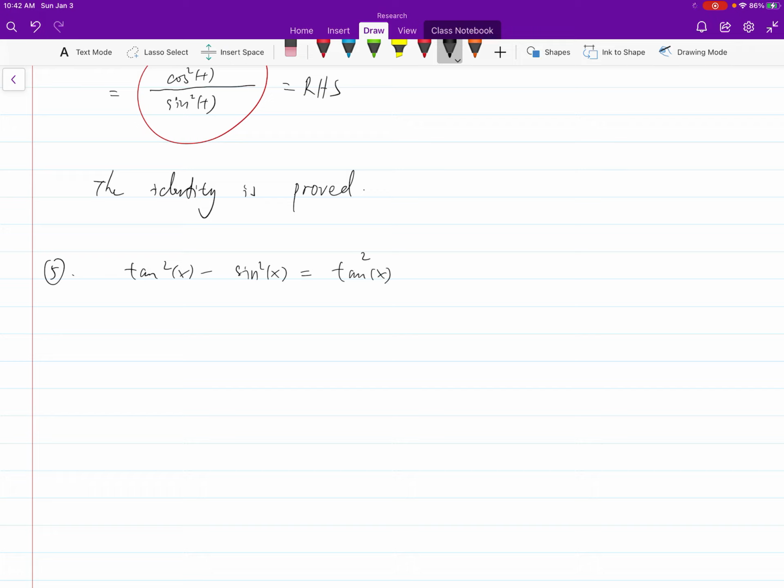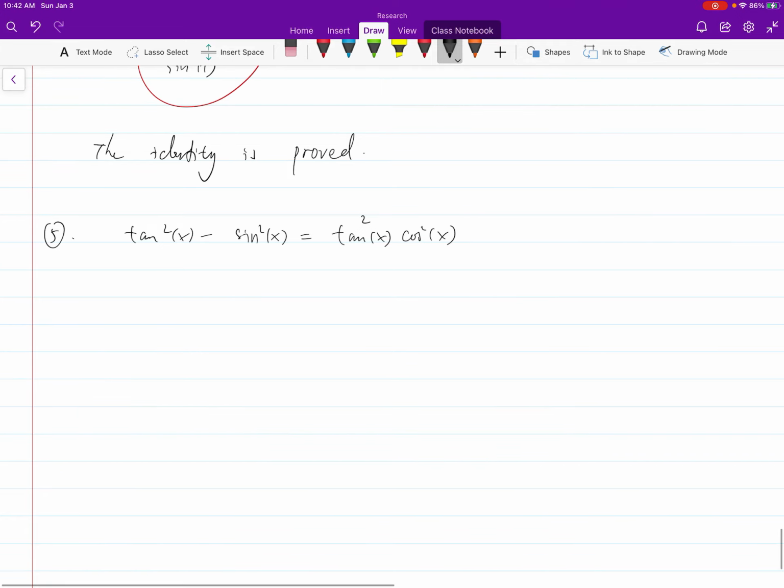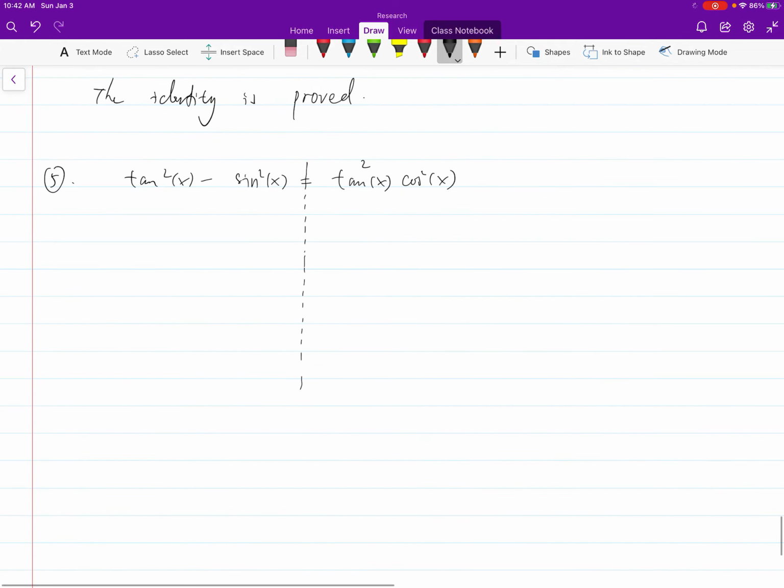Tangent x minus sine square x equals tangent x squared cosine squared x. Prove the identity. Well, how do you do that?